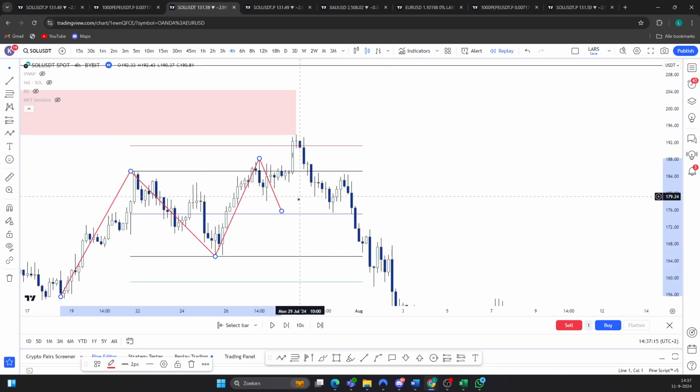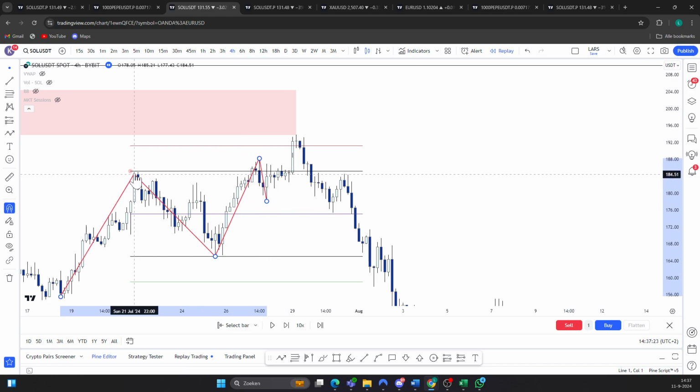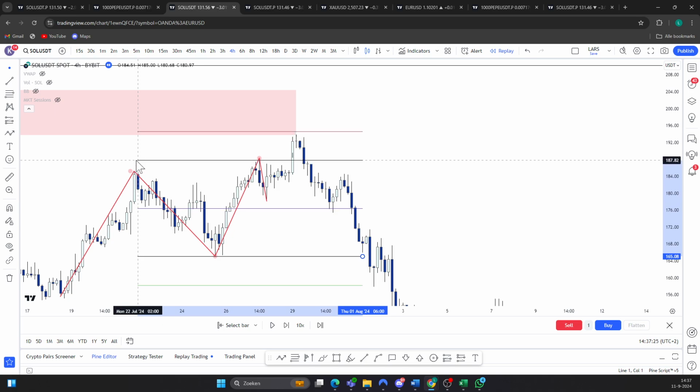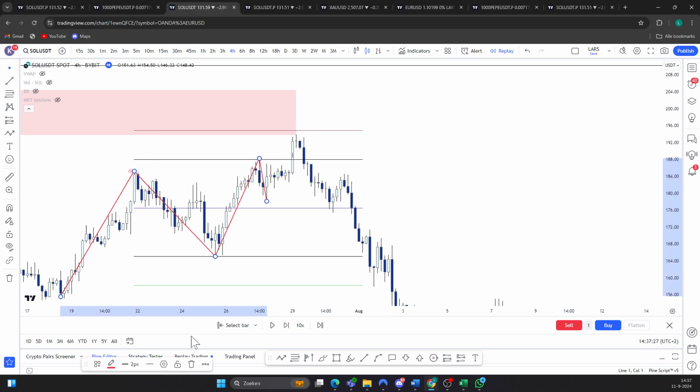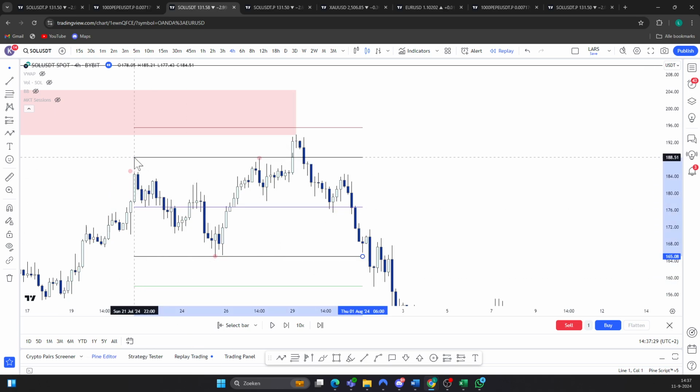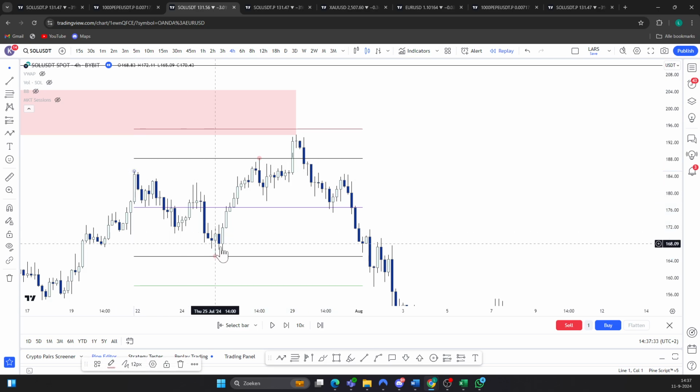On the 4, oh, look at that. On the 4, we do have a pullback. So this is a 4-hour TCT schematic. Now, after that first deviation, let's extend our new range high to our deviation high to watch for a potential model 1.